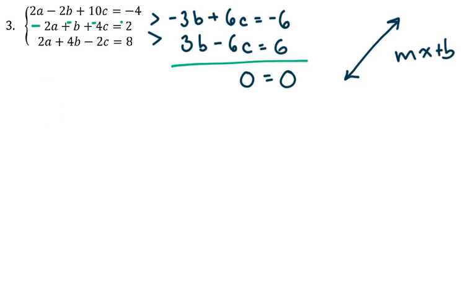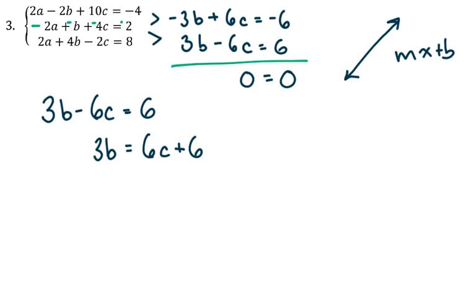So we know that 3b minus 6c equals 6, and if we're thinking about a slope-intercept form, even though we're looking at different variables, that's just fine. But we can solve for b, and we can then say that 3b is equal to 6c plus 6, and then b is equal to 2c plus 2.